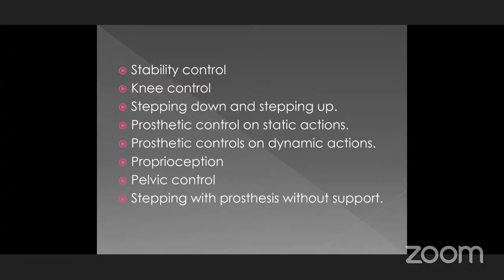The first five are done with support with prosthetic fitting, and the last three without support. Whenever he achieves more stability and knee control with support, he is able to act without support, alone.